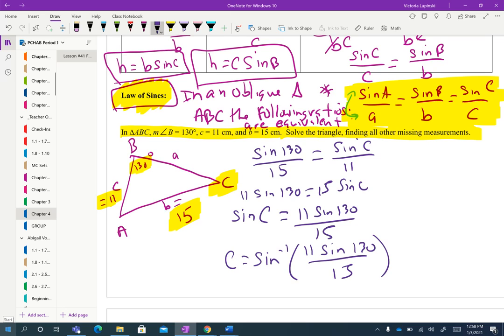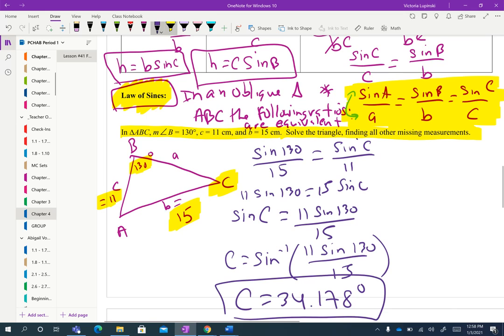You're going to do 11 sine of 130 divided by 15, and your calculator will actually be okay by just following those order of operations. So you can just plug it in exactly like that, and that'll give you the measurement of angle C, which in this case is equal to 34.178 degrees.